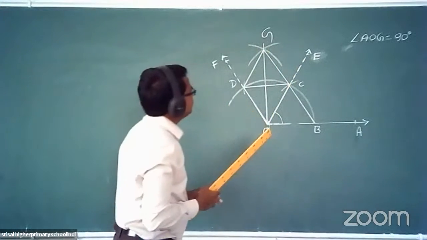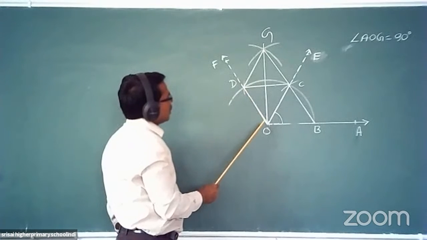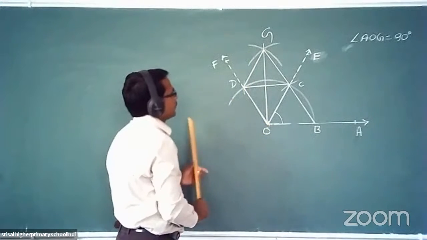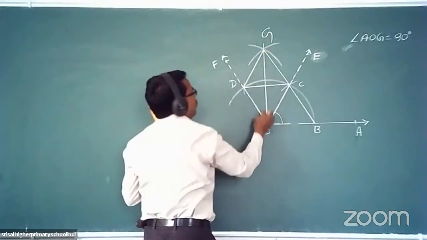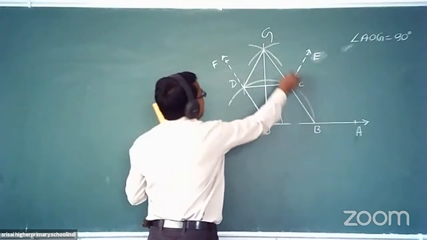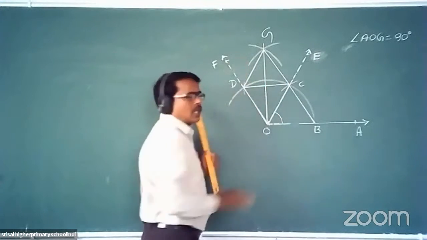Now you see here, which triangle? DGO, this triangle, and CGO, this triangle. This and this. Okay?